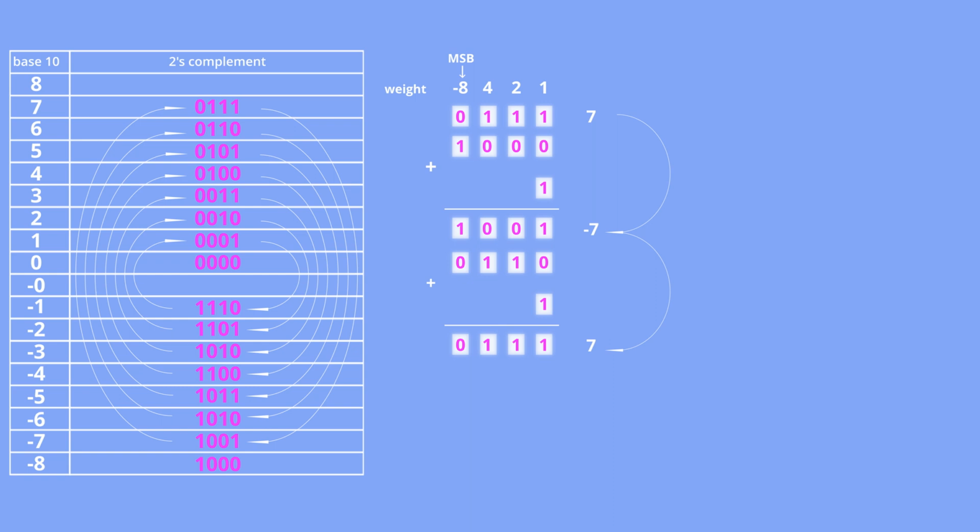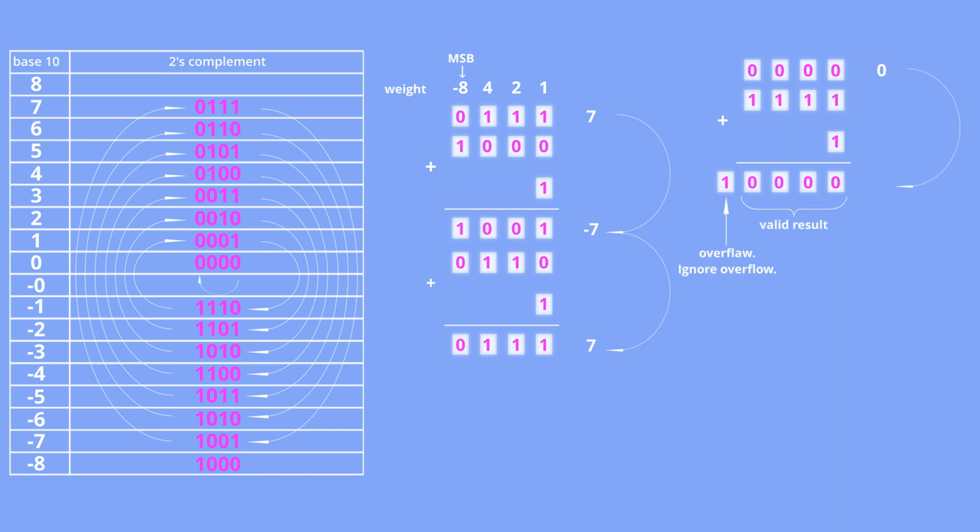Let's perform the procedure of inverting bits and adding 1 for 0. We have overflow here, and after ignoring the overflowing digit, we obtain 0.